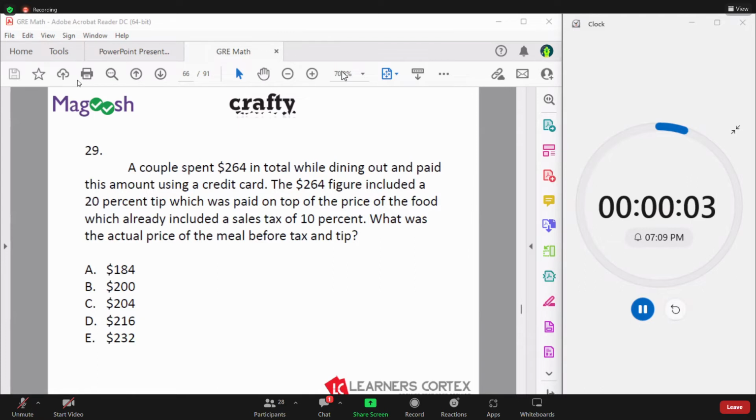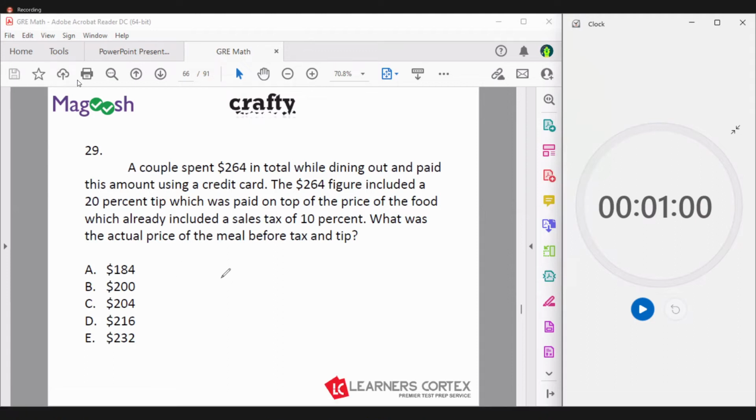Yes, the answer would be $200. Pratisha, would you like to help us with the question? Yes, sir. So if we take the initial amount as X, after a 10% increase, it comes to X plus 10 by 100 into X. When we add this, we get the amount on which the 20% tip was added.